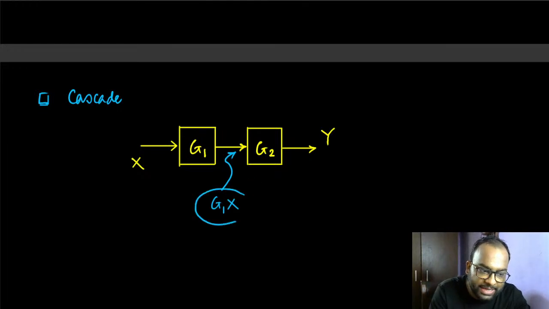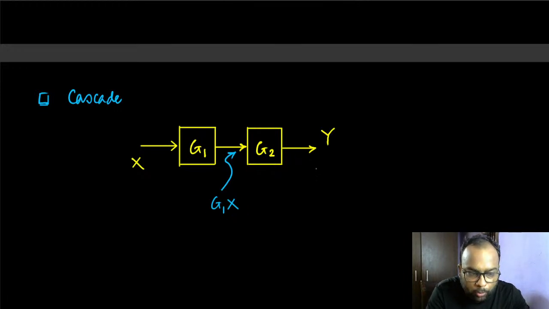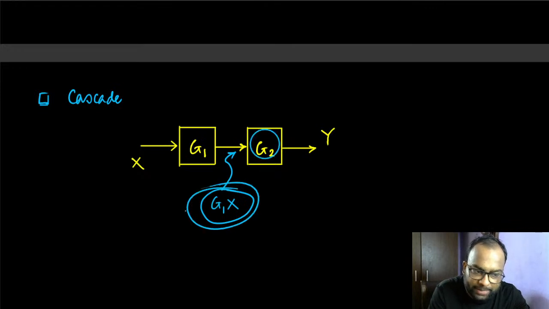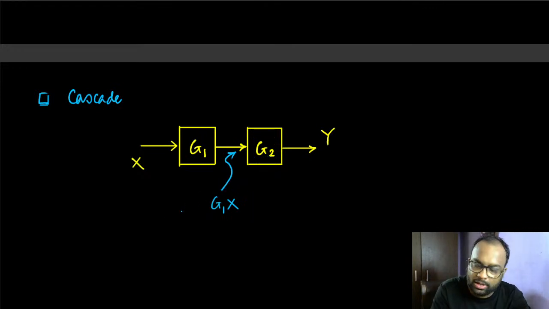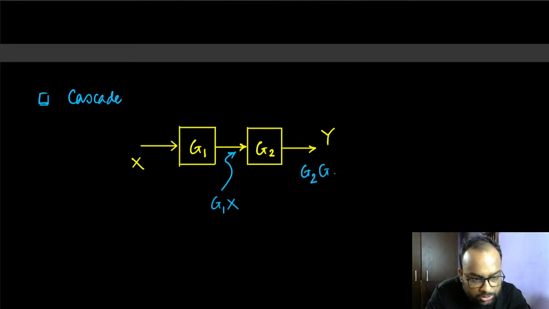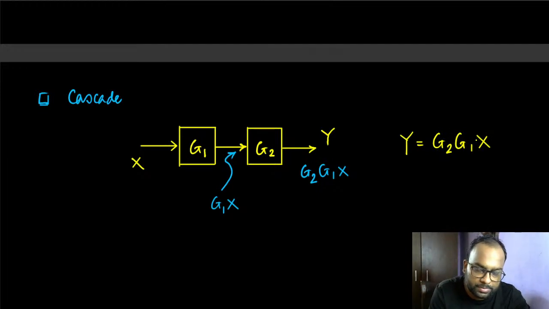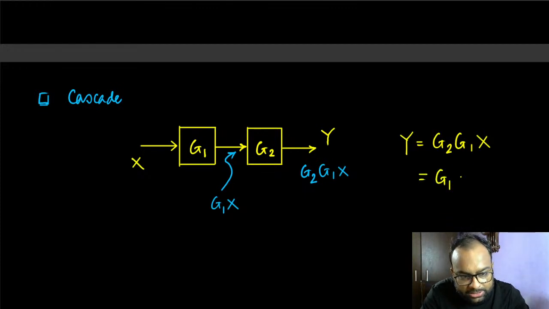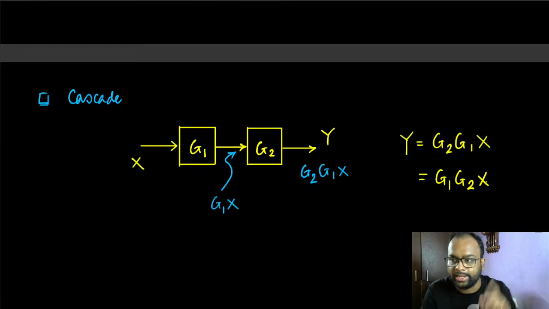That's G1 X, and that appears as the input to the second block. And obviously, if that is the input to the second block, then the output would be this multiplied with the transfer function G2. Of course, in the frequency domain, these are all functions of s. So this is going to be G2 G1 X. So we can say this Y is nothing but G2 G1 X. And multiplication in this case is commutative, so I can always write G1 G2 X to clean it up.